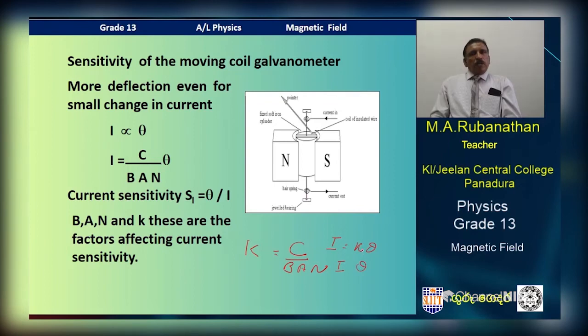If you reduce this value K, then we can get a large theta value for a small I. So if we want to reduce this K, we have to increase BAN and reduce C. Therefore, again we write that BAN and K are the factors affecting current sensitivity.